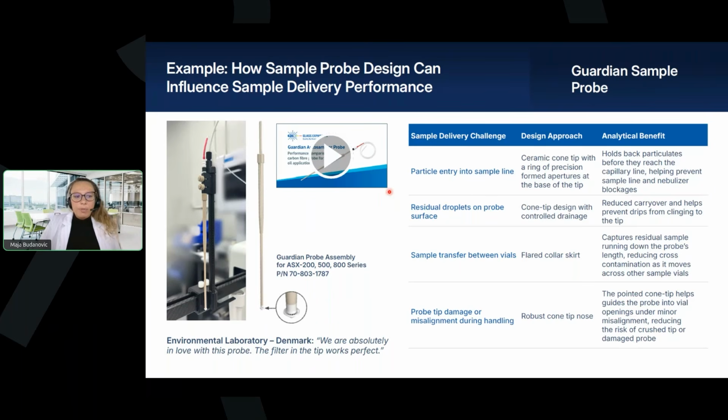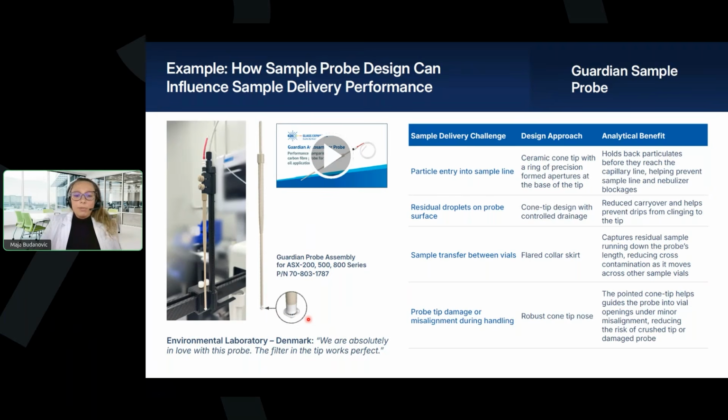For example, here we have the Guardian probe. This is the latest design that we have for the sample probe. This Guardian probe can address these issues caused by particulates by using a ceramic tip with a controlled microhole structure. These openings that you can see act as a particle barrier, helping to reduce the risk of particles entering the tubing, the nebulizer or other components.